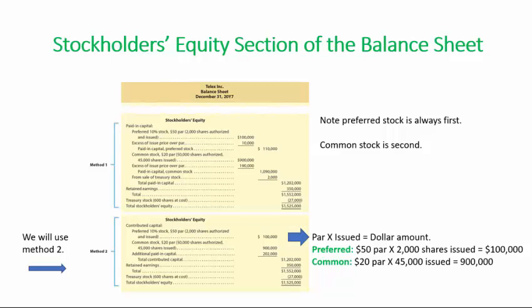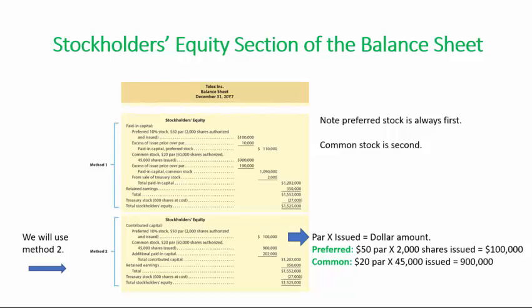They also have $2,000 from the sale of treasury stock that is listed there separately. So these are common stock shares that had previously been purchased by Telex Inc. and then sold back to the general public.